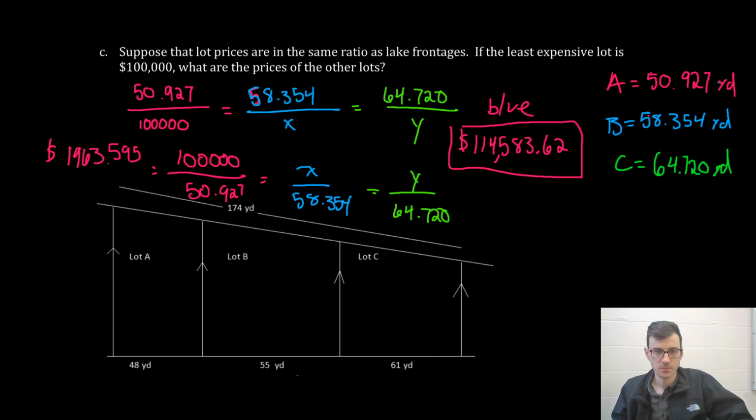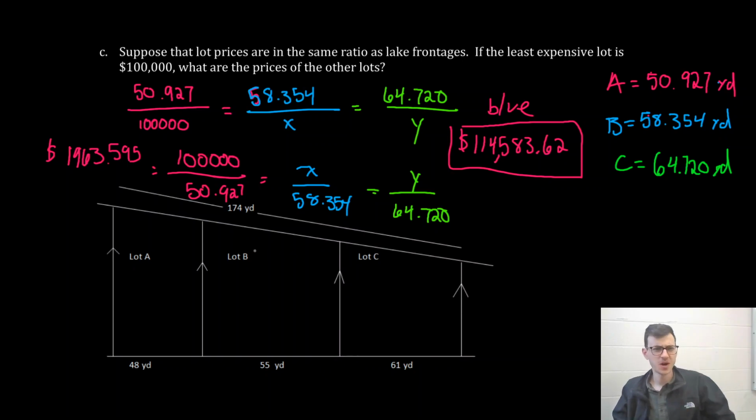Very strange. All right, we're going to close out, get the calculator back again. Maybe we have to use Google. There we go. Okay, 100,000, and I know you can't see the calculator, divided by 50.927.